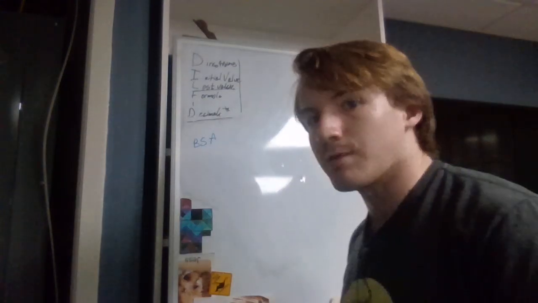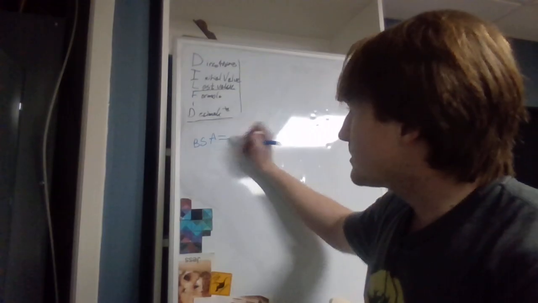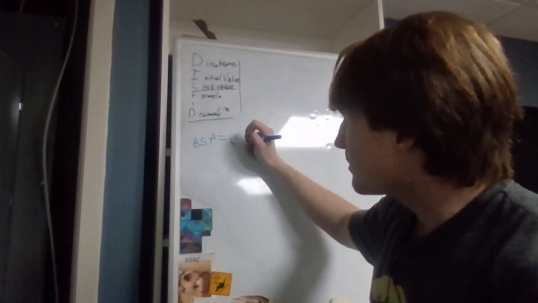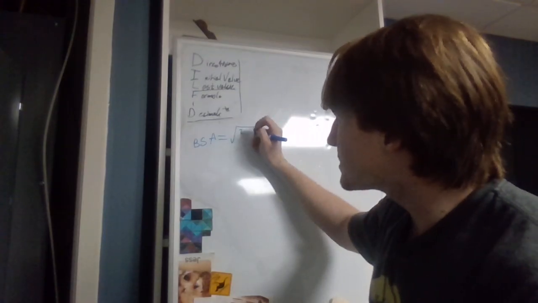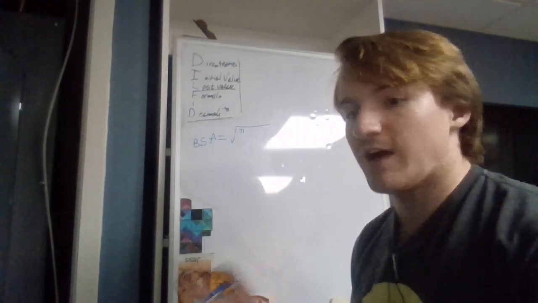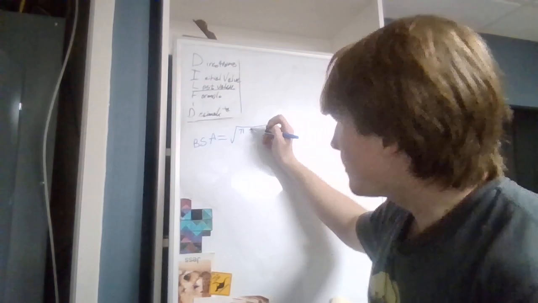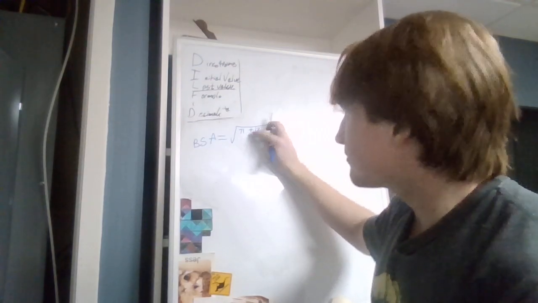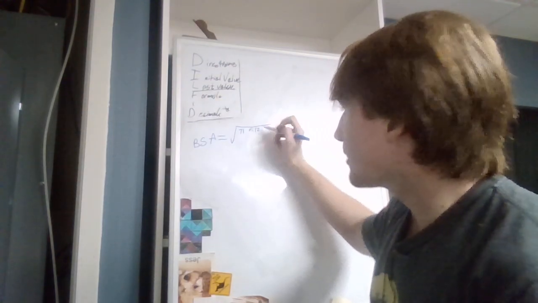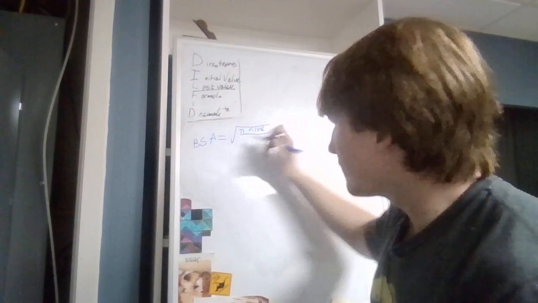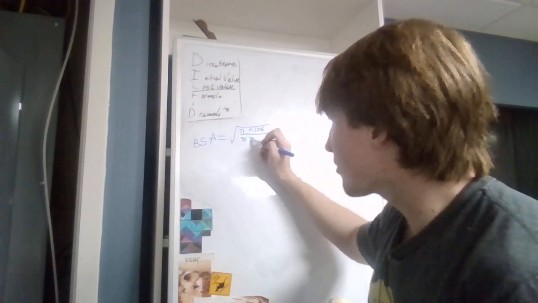So our BSA is equal to the square root of 71, because 5 feet is 60 inches plus 11 makes 71, multiplied by 128 pounds, divided by 3131.